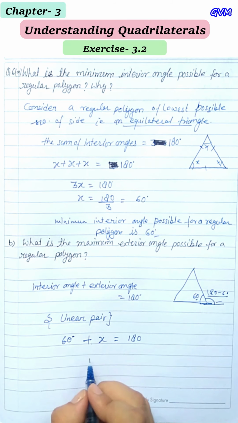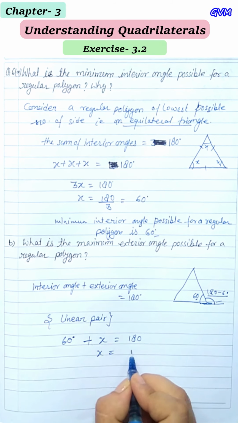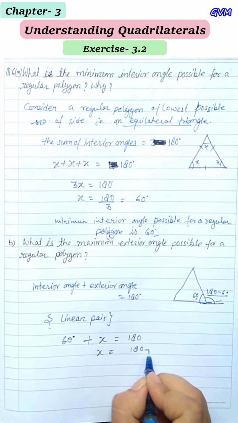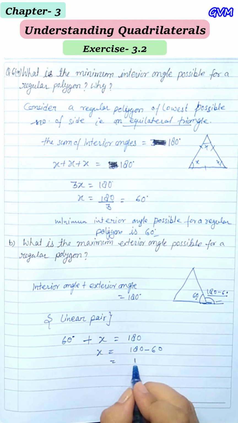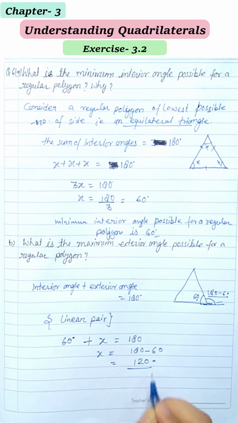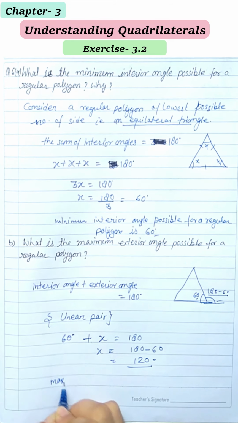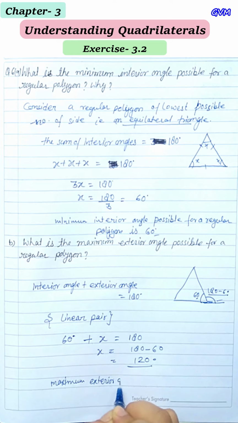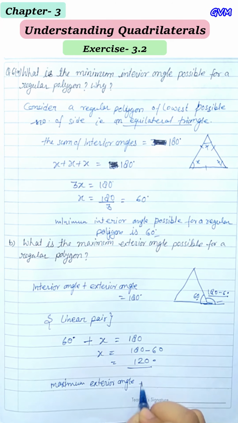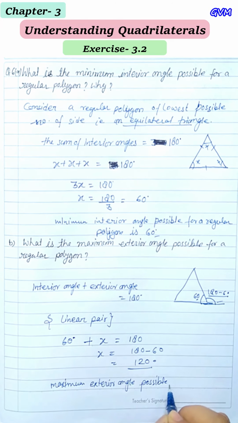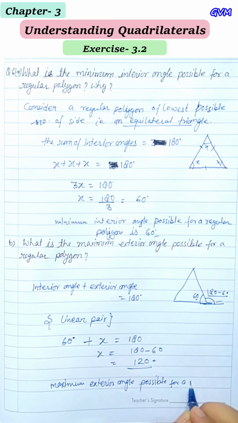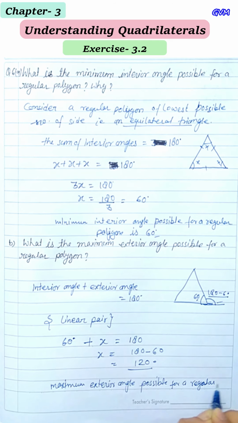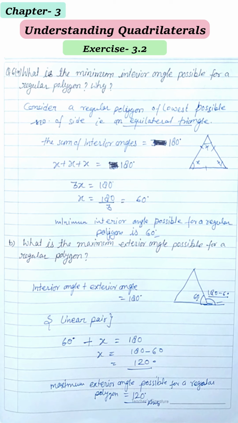Now x is equal to 180 minus 60, and this will give us 120 degrees. That means the maximum exterior angle possible for a regular polygon is 120 degrees. This is our answer.